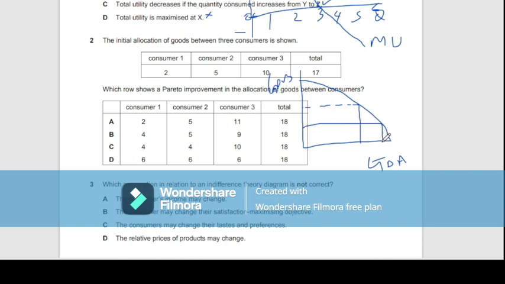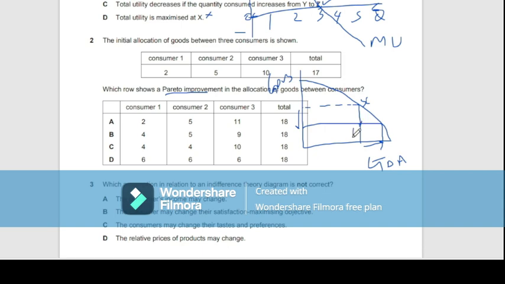So let's assume we are at point X, that is Pareto efficient, meaning we cannot make one better off without making the other worse off. We cannot increase production of good A without sacrificing some units of good B if we are Pareto efficient. Now here we are looking at Pareto improvement, meaning we are Pareto inefficient, meaning we are operating somewhere here.